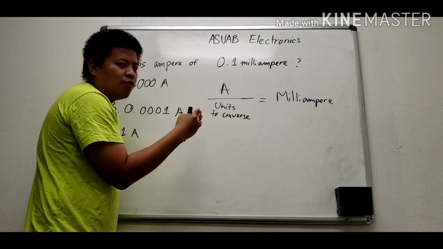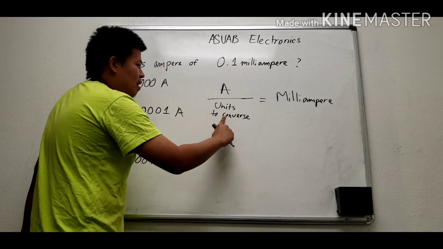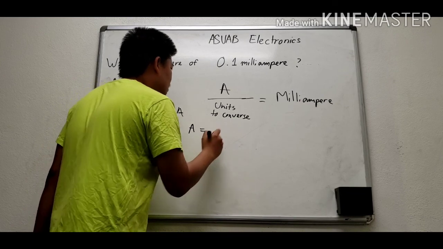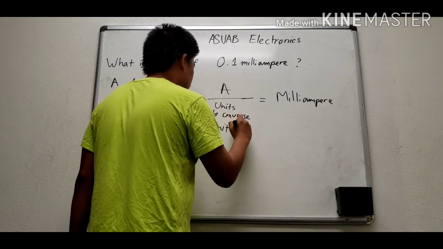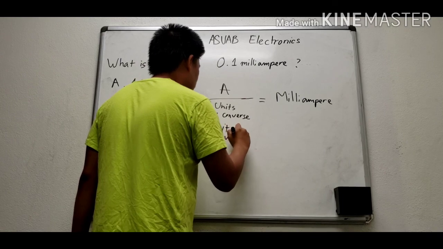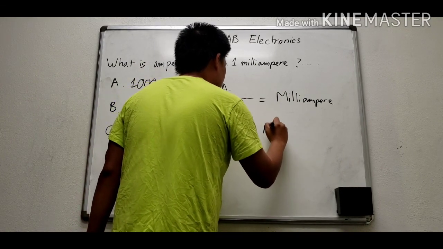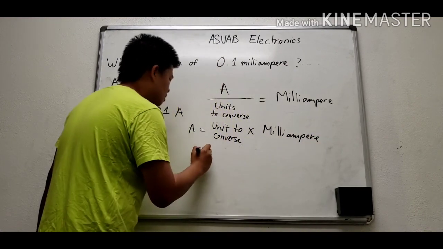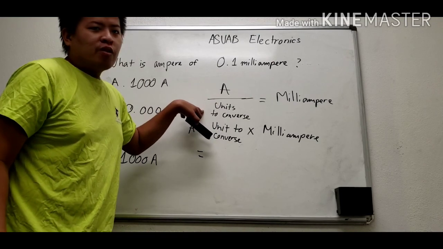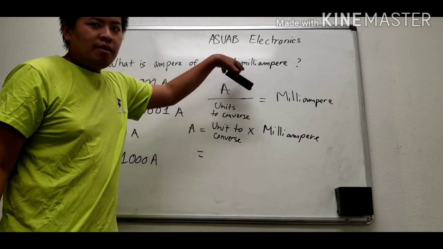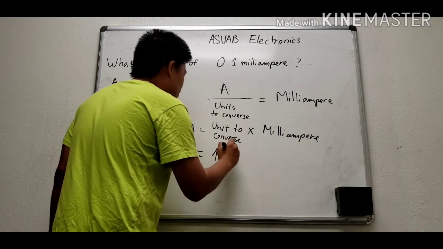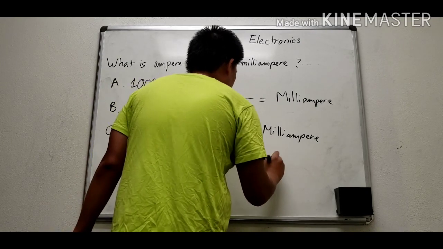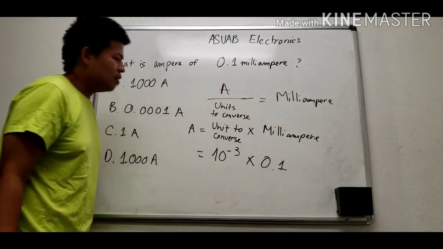To convert back to the ampere, we multiply the unit to convert by the milliampere. Milli is 10 power minus 3, and the milliampere is 0.1.